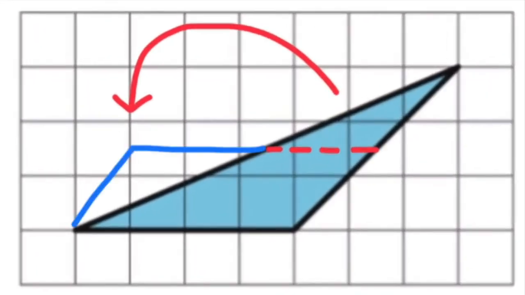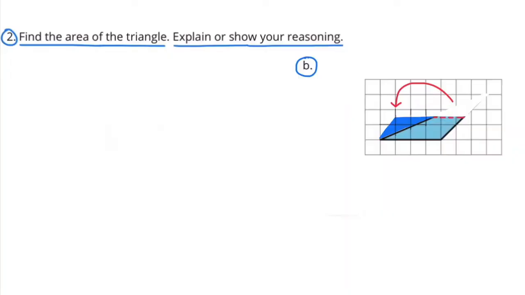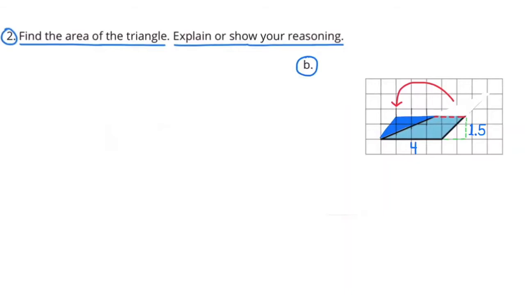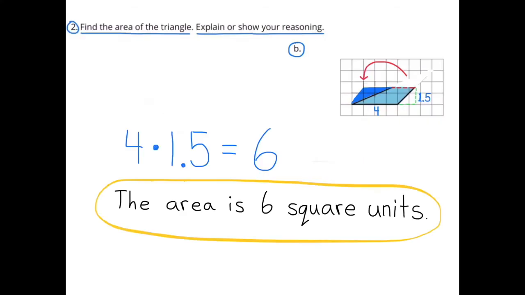And then rearrange it into the shape of a parallelogram. The base of the parallelogram is 4 and the height is 1 5/10. I need to multiply the base times the height to get the area. So 4 times 1 5/10 equals 6. The area of the parallelogram and of the triangle is 6 square units.